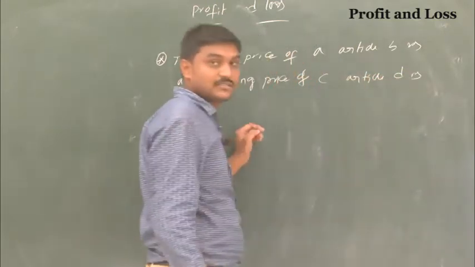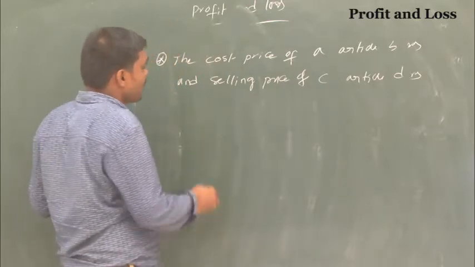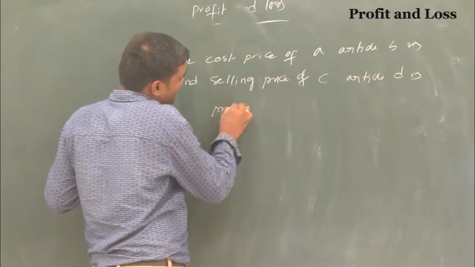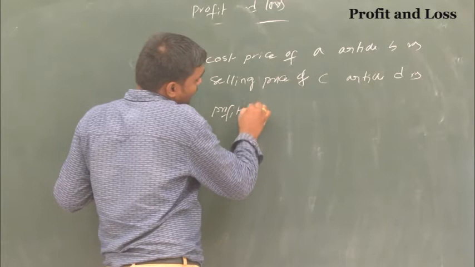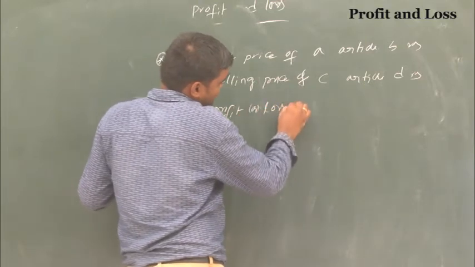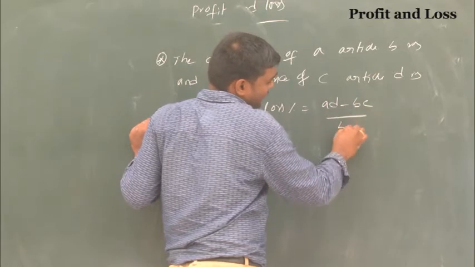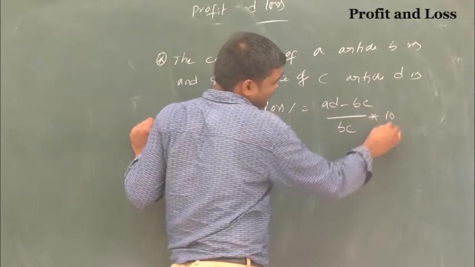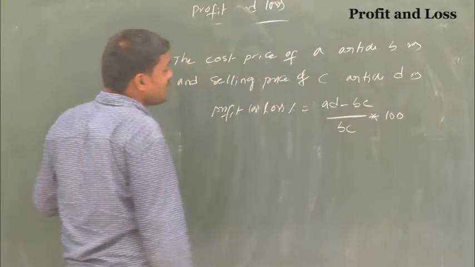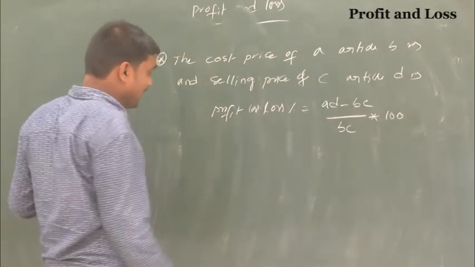The overall profit or loss percent is (AD minus BC) by BC into 100.